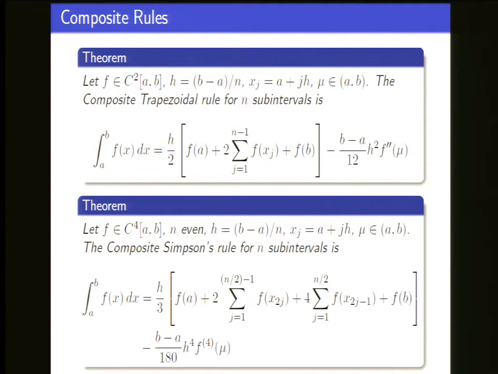Now you can see what I can do here, because these are numbers you compute, which means that you can solve for the error. Or in other words, you can solve for this h^5 over 90 times the fourth derivative of f at mu.